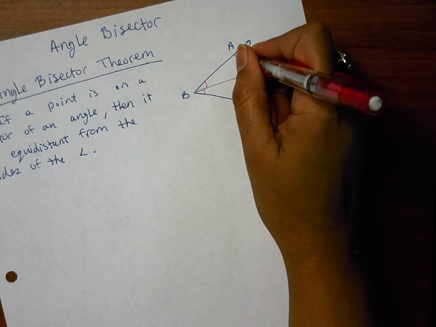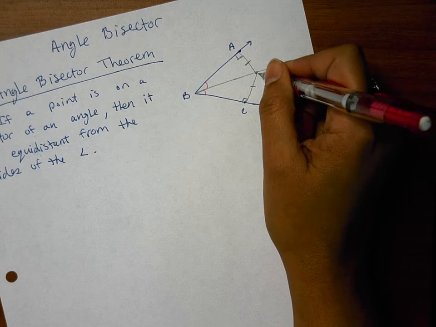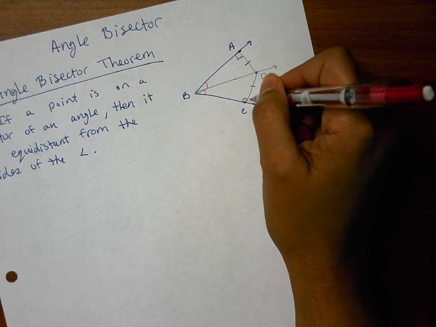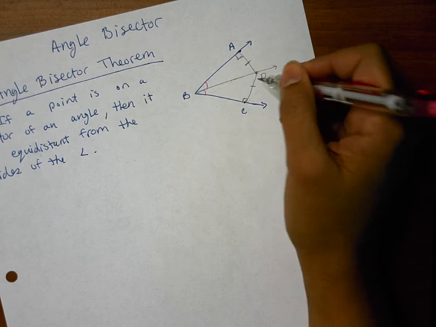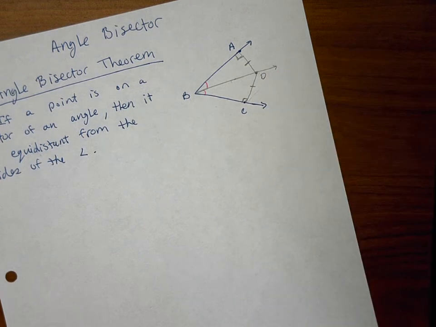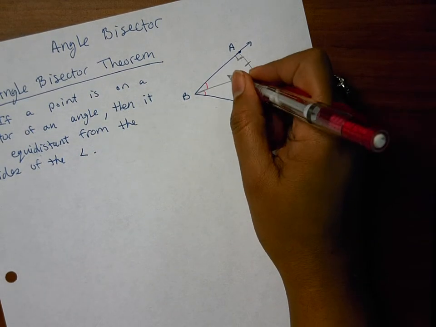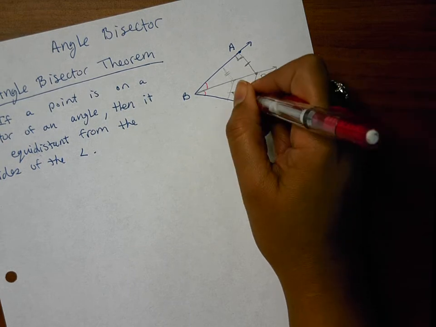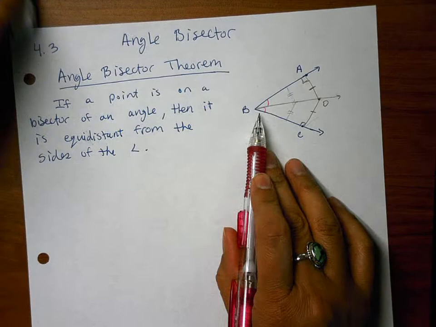Now I put right angles here because when you are looking at distance between two lines, you always look for the perpendicular distance. You don't just randomly pick longer distances. So if I were to pick a point here and there, those would be congruent as well. Any point on the angle bisector.